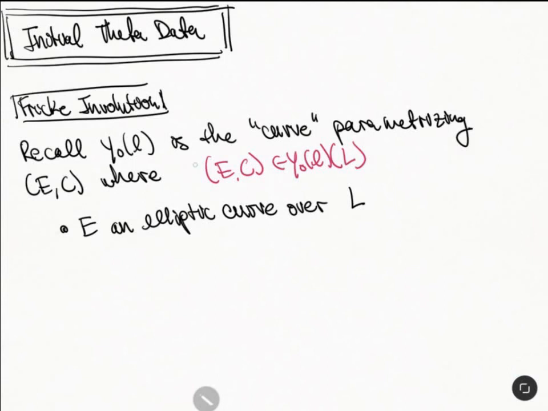So this is going to be the stack. So this is an elliptic curve over L, and C. This is what we want to happen.